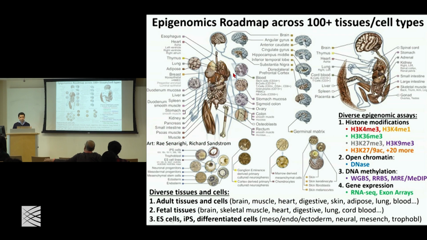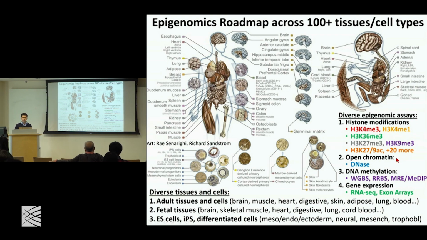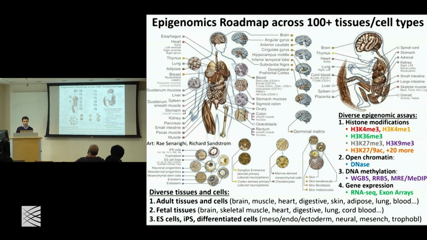And in each of these adult, embryonic, iPS-derived and primary cells, we basically mapped multiple histone modification patterns, multiple ways of measuring accessibility and DNA methylation, as well as what we like to think of as the output, perhaps, of the epigenome, which is RNA expression.